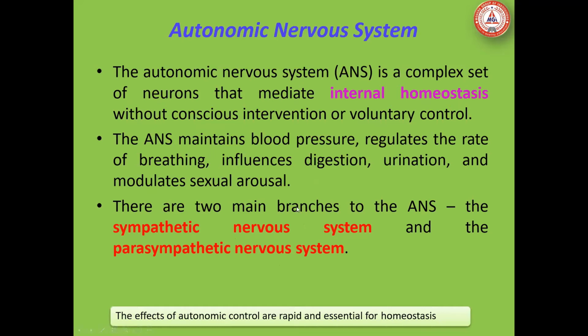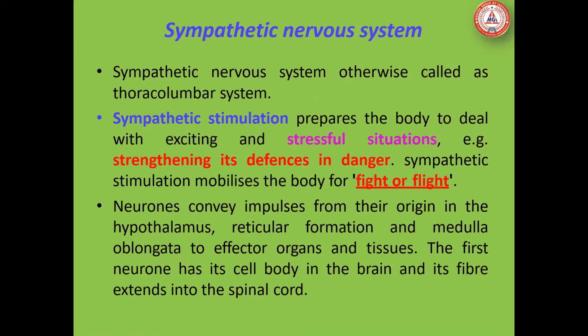There are two main branches of the autonomic nervous system, that is sympathetic nervous system and parasympathetic nervous system. The effects of autonomic control are rapid and essential for homeostasis.